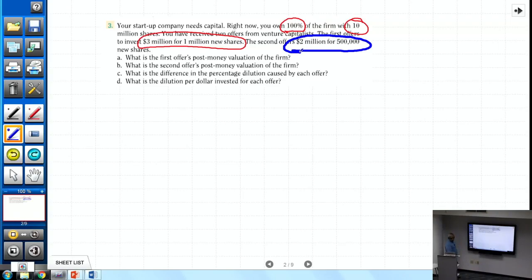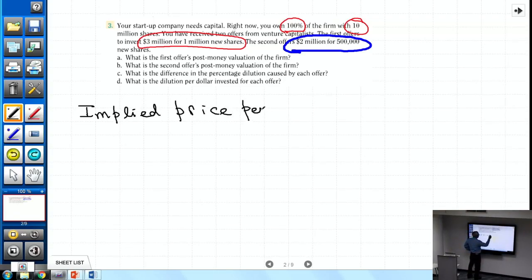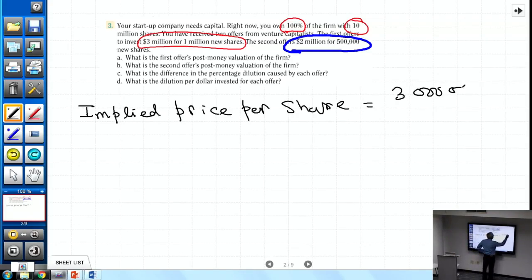So to do that, we have to first calculate the implied price per share. So implied price per share is going to be the $3 million that we are receiving from the first offer, and we're going to divide that by the 1 million shares that we are issuing as a result of that offer, which is $3.